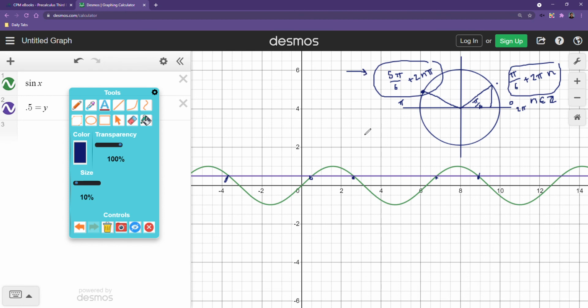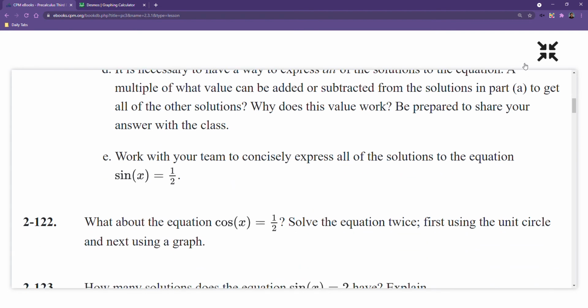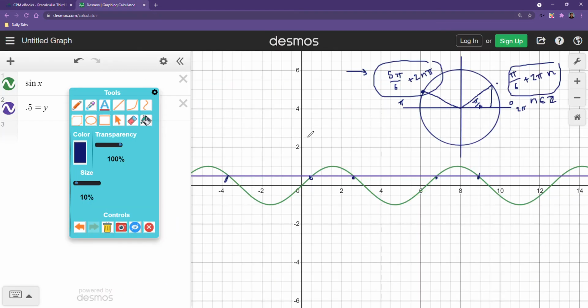Okay, so the solutions would be x equals 5 pi over 6 plus 2n pi, and also x equals pi over 6, and again plus 2n pi.